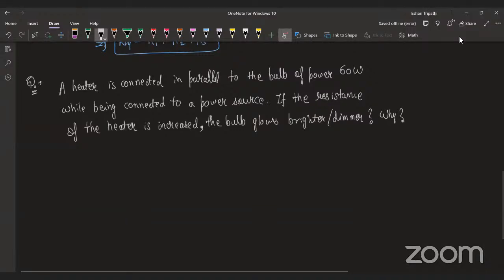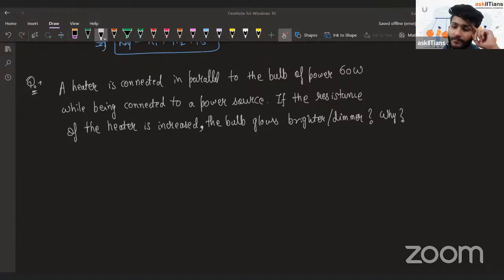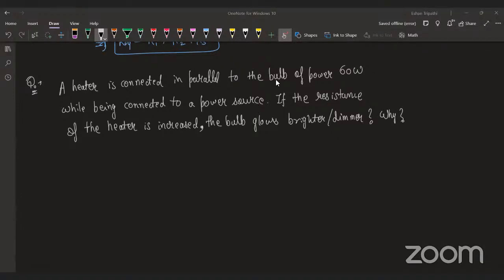Sir, the resistance of bulb is constant. Yeah, Ram? The resistance of bulb is constant, right?